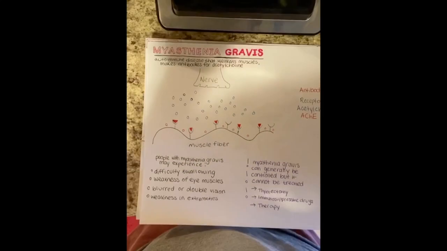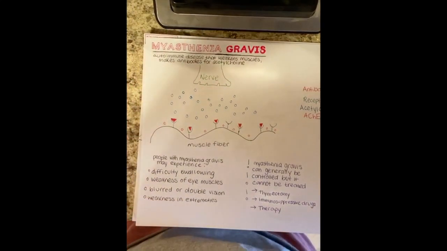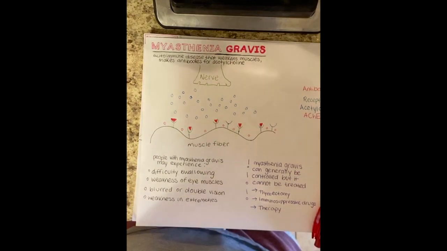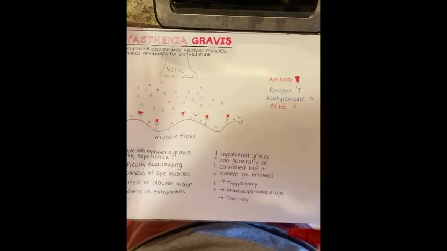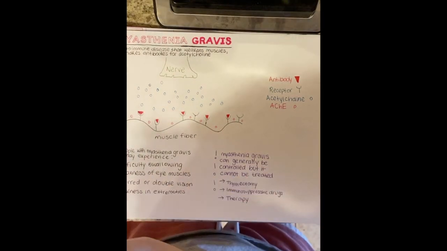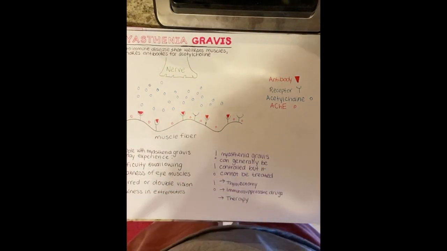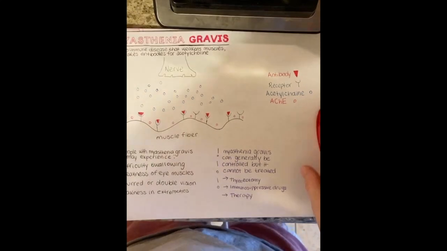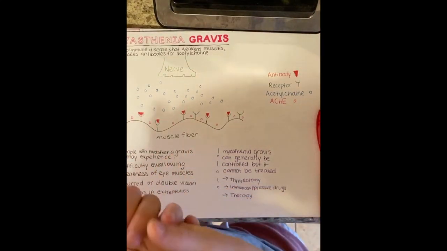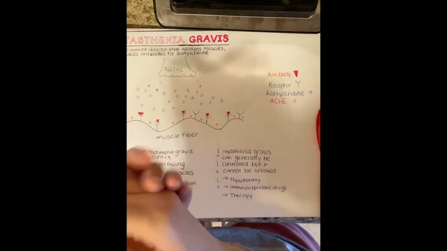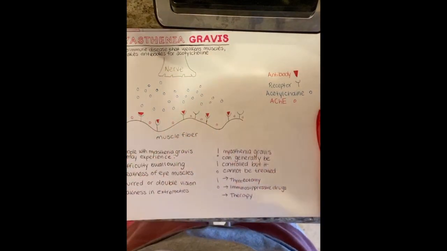This will, as a result, make people experience difficulty swallowing, weakness of eye muscles, blurred or double vision, weakness in extremities. It can be difficult to control, but not really that much anymore with all the technology and medicine that we have. We can control it, but we can't treat it. It's like an autoimmune disease.